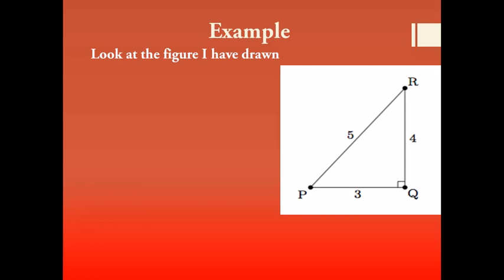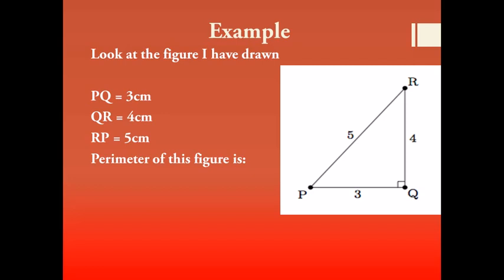Thus, the perimeter of this figure is: PQ is equal to 3 centimeter, QR is equal to 4 centimeter, RP is equal to 5 centimeter. So, perimeter of this figure is equal to PQ plus QR plus RP, which is equal to 3 centimeter plus 4 centimeter plus 5 centimeter, which is equal to 12 centimeter.